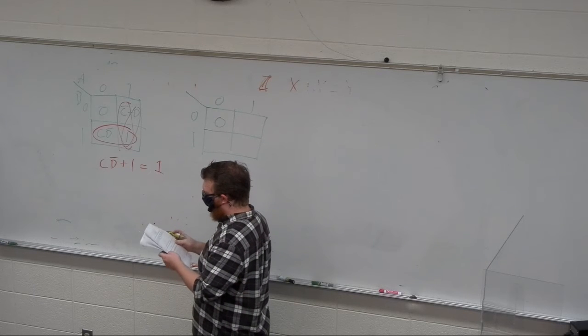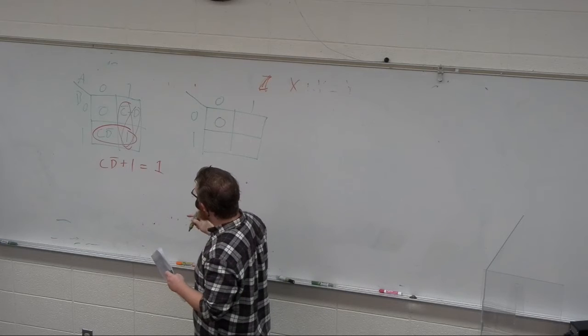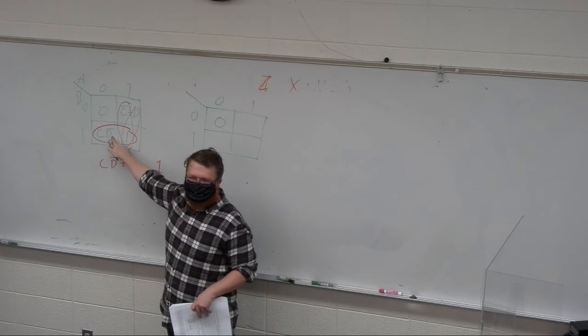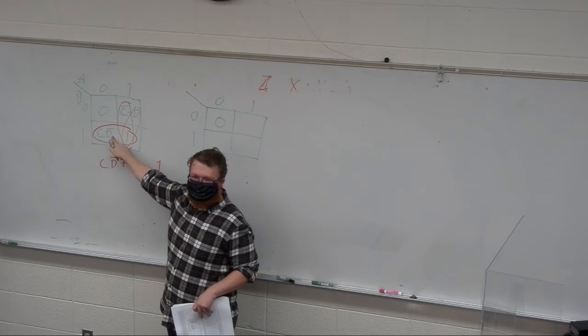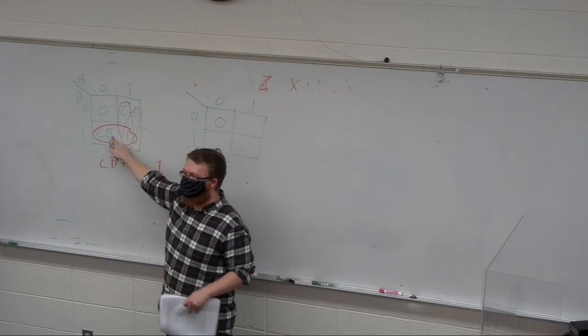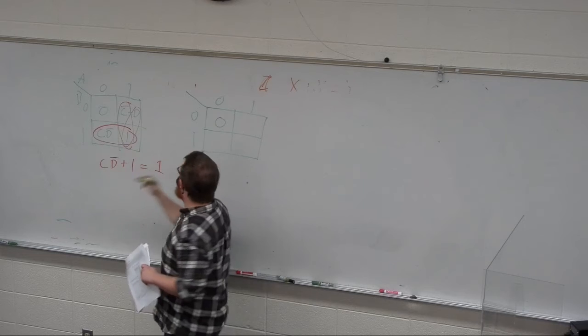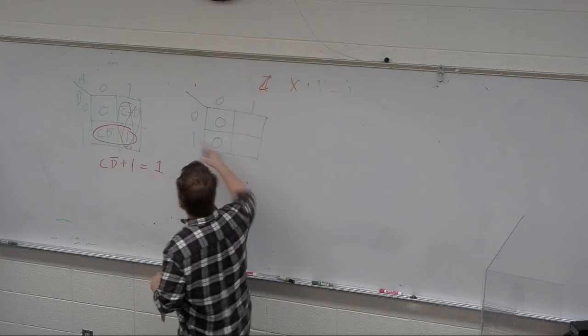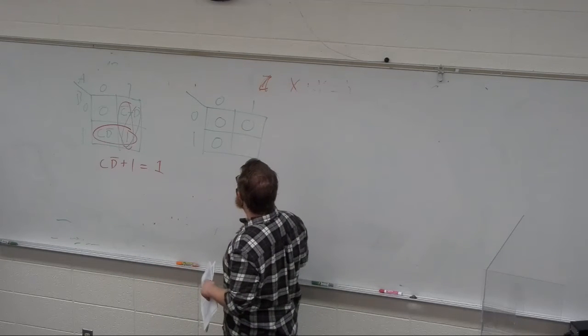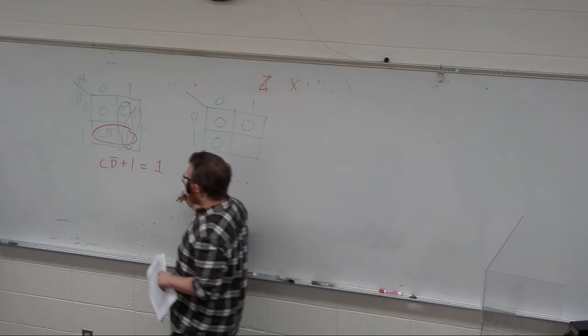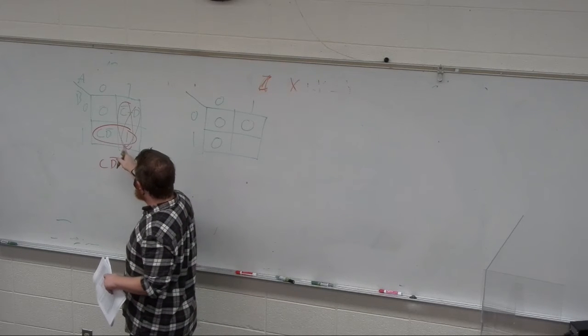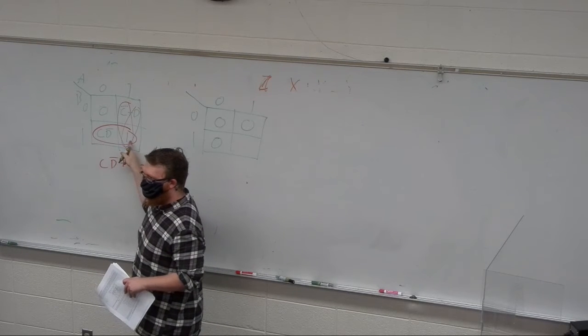Now let's look at what happens to this expression. What do I do in the map entered variable when it is an expression or a map entered variable? Turn it to 0. And we do the same thing with the other one. And now we have to figure out this one, right?